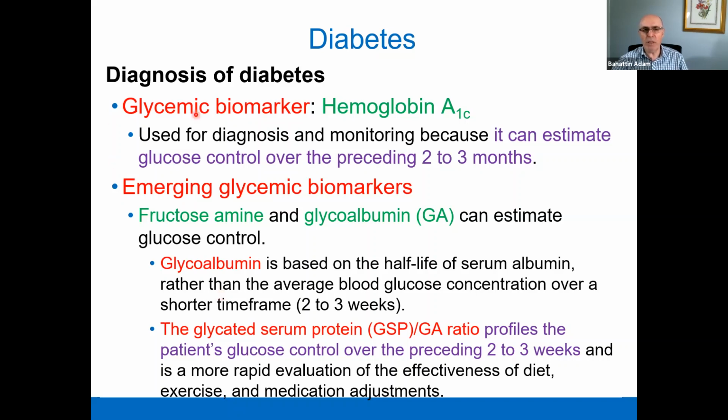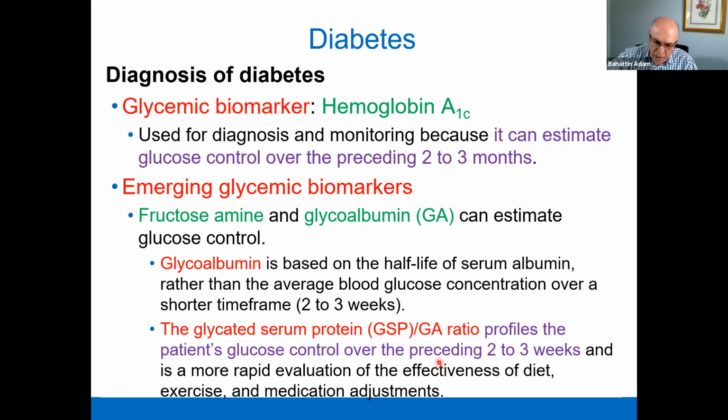The first one, the glycemic biomarker hemoglobin A1C, gives us information about glucose control in the past 2 to 3 months. However, glycated serum protein and the glycoalbumin ratio give us the last 2 to 3 weeks.